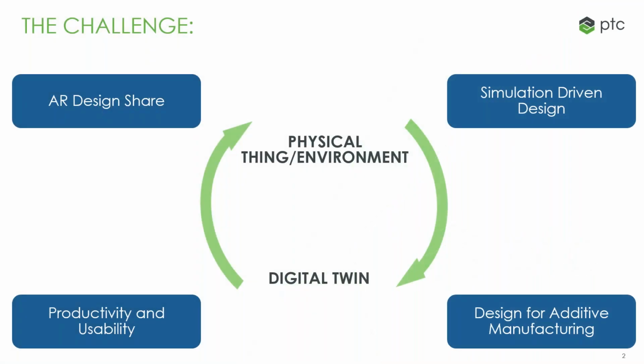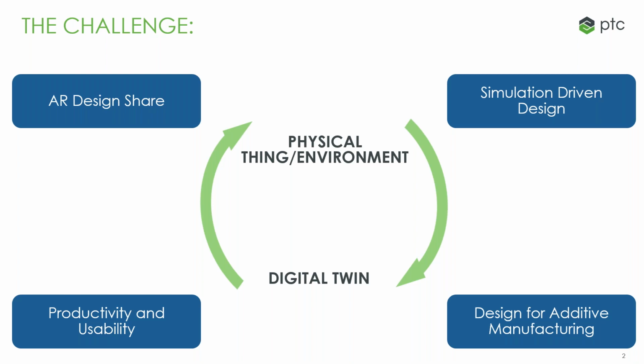I do want to talk about some of the challenges that we see our customers out in the industry facing today, and it tends to be around the blending and merging of the digital world, which we're used to working in, and the physical world where our designs and different processes are actually occurring. There's a huge benefit to being able to transfer data between these two worlds, and a lot of smart companies are starting to do this.